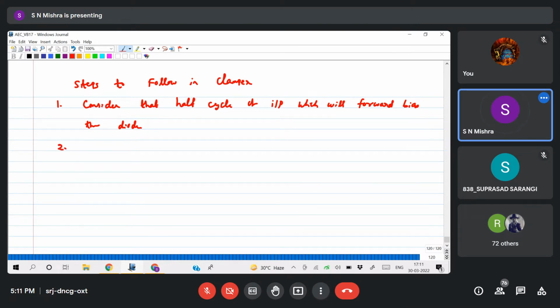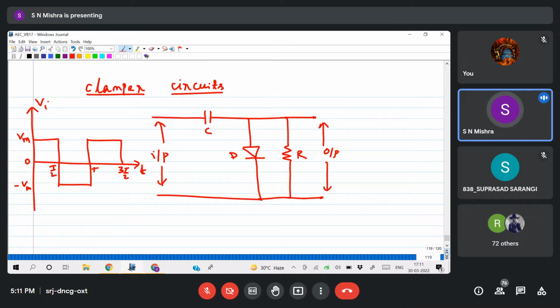If you consider this is the positive half cycle, this is the negative half cycle, again positive half cycle, out of that, which cycle you have to consider which will forward bias the diode. This is the first step.